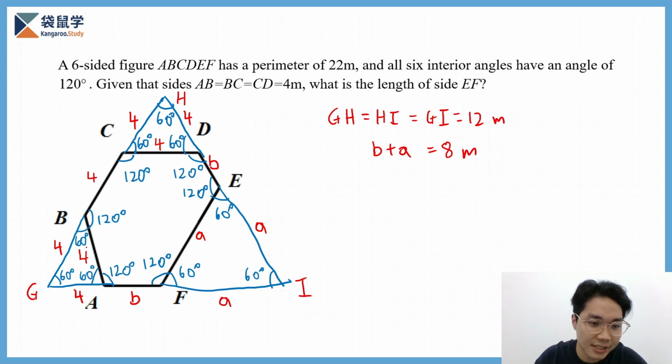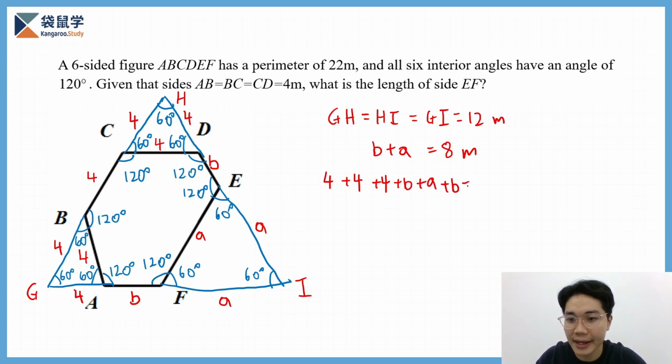It has this AB 4, another BC 4, another CD 4, and we have DE here plus B. Then we have EF, we have plus 8. Then we have AF, we have another plus B. It is 22 meters.